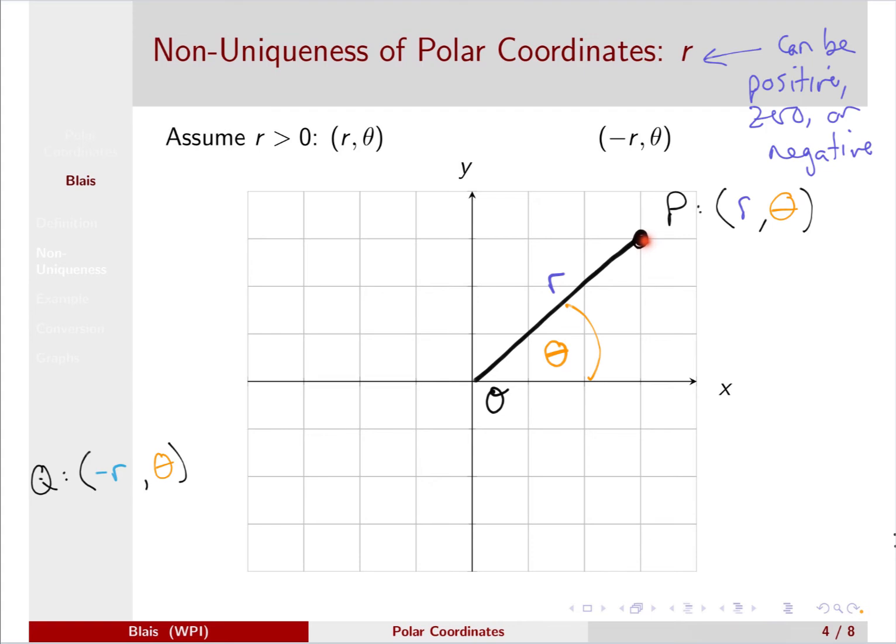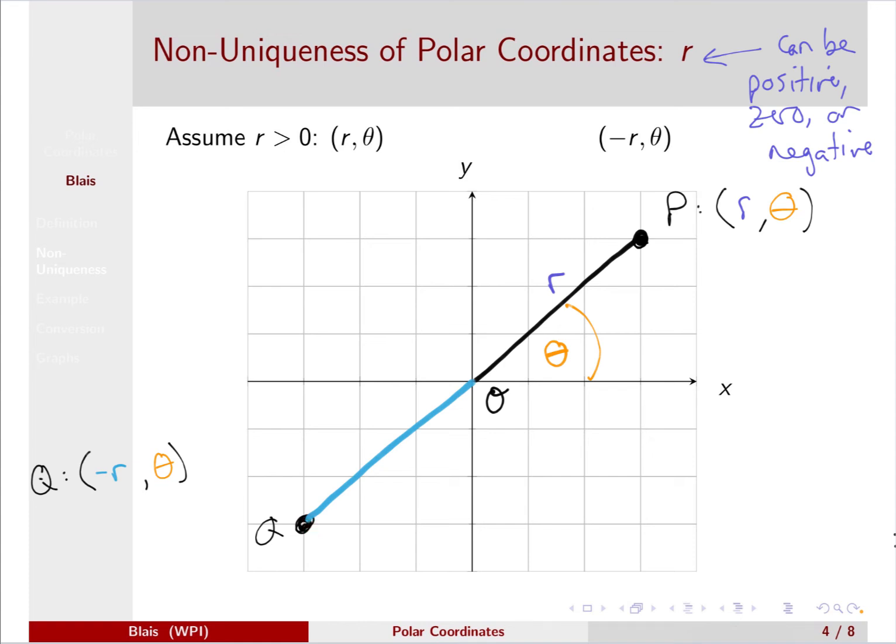But then, to get the negative version of r, you reflect it through the origin. And so this point Q would show up down here. And this is your point (negative r, theta). So to get (negative r, theta), you plot (r, theta), and then you reflect through the origin.